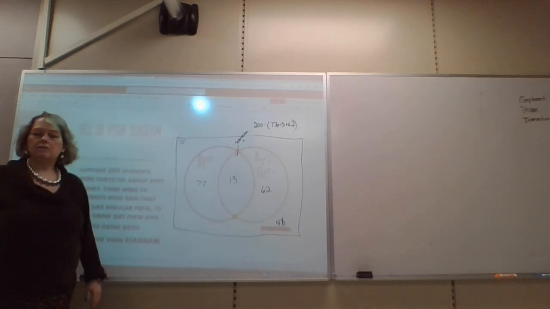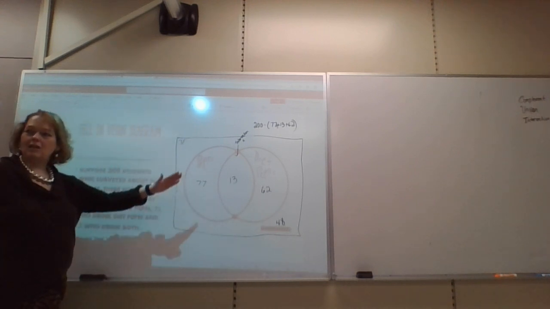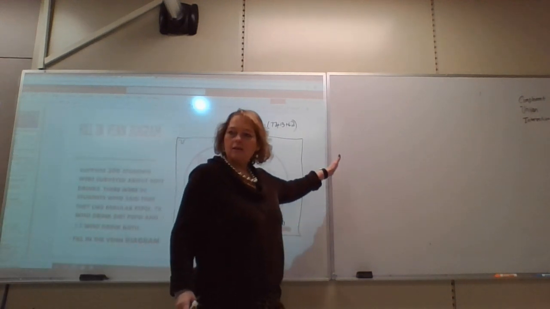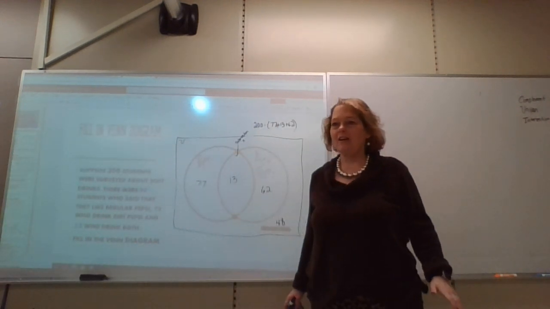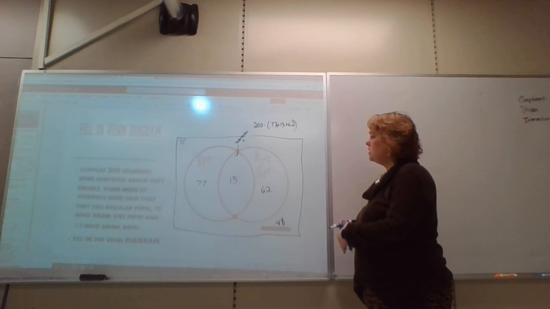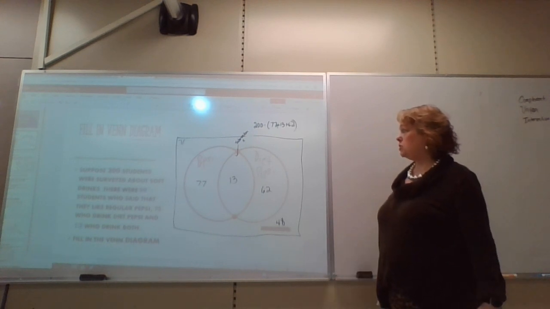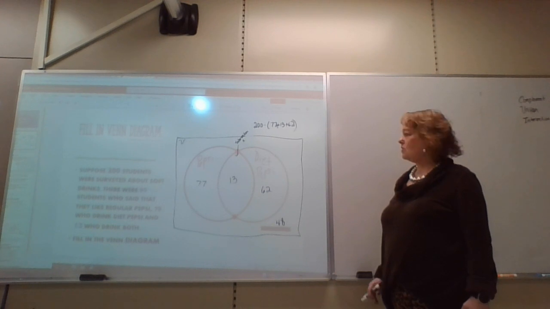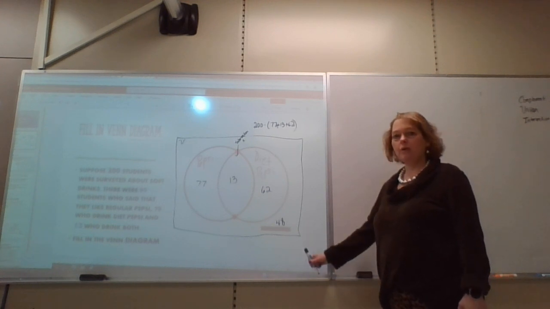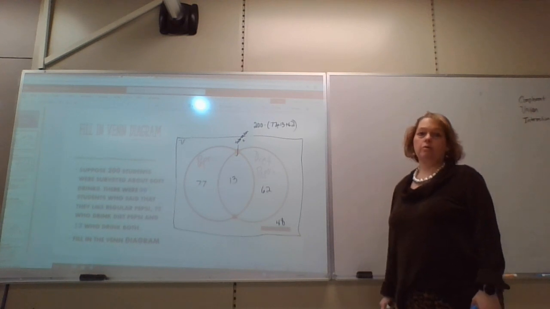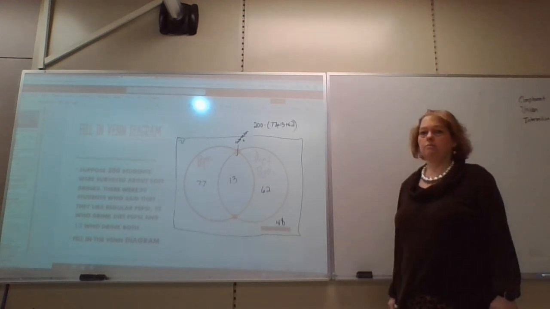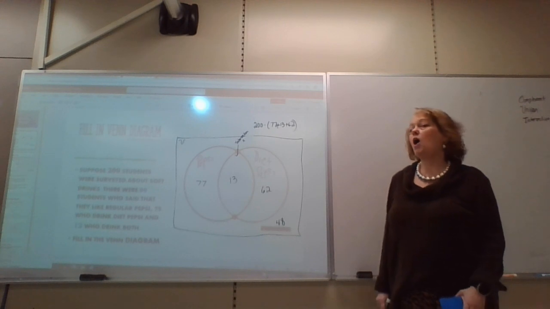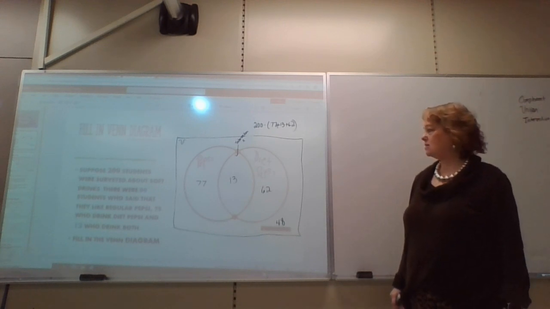And usually on your ALEKS, you do this, then you answer questions over here on the side. It'll say, so how many students liked neither Pepsi nor Diet Pepsi? What would you say? 48. How many like both? 13. Or how many only like Pepsi? 77.